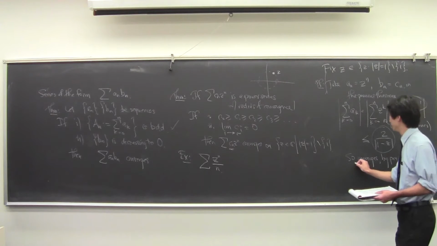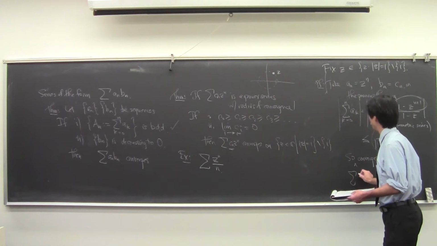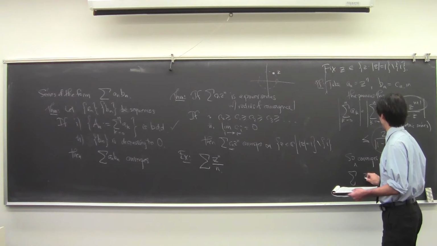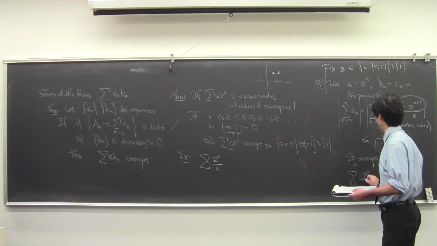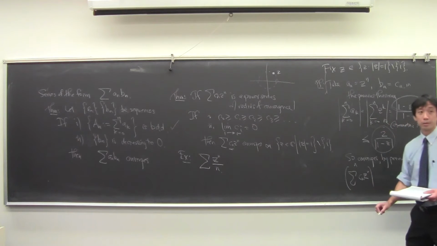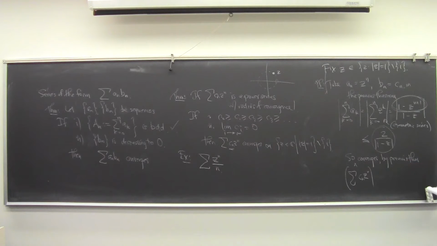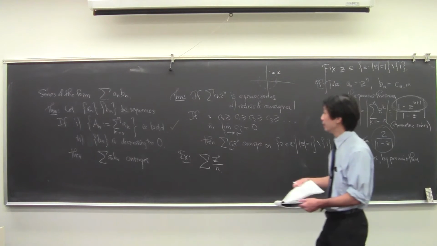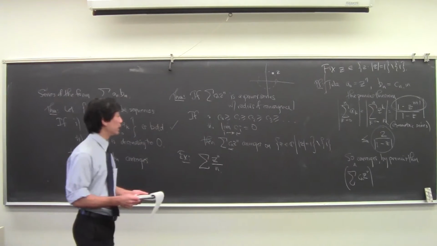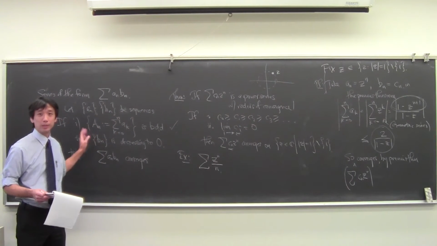So the summation of a sub n, b sub n converges, like the previous theorem. Okay, so that's just a nice application of this theorem about products.